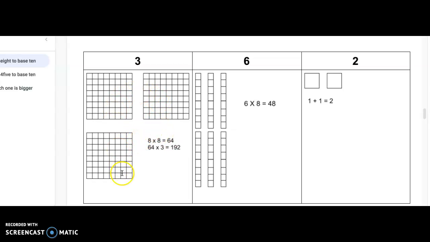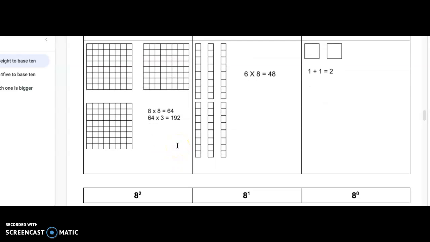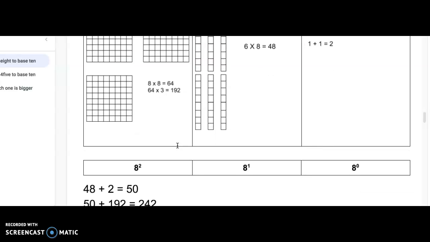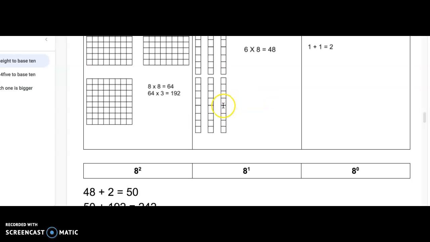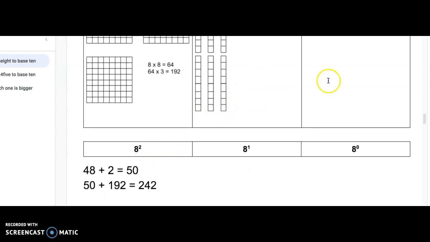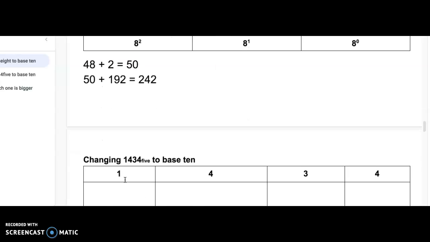And you have 3 of them, so you are going to multiply 64 times 3. And that is going to give you your 192. So once again, you add all of your products together, and you get 48 plus 2, that's 50. And then 50 plus your 192, and that is 242.